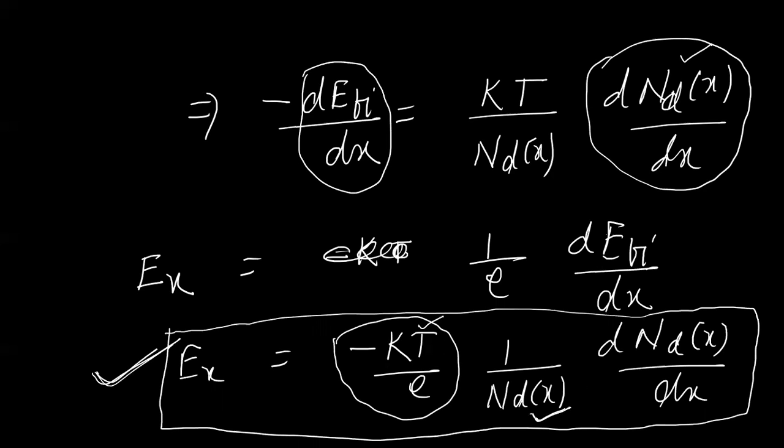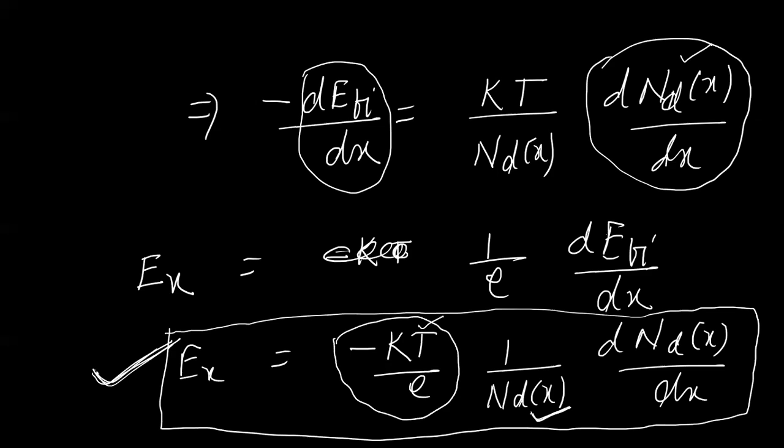Ndx is the doping concentration as a function of x, and dNd by dx gives you the first order derivative, how the doping concentration varies with respect to x. So this whole thing gives us the induced electric field in one dimension, right?